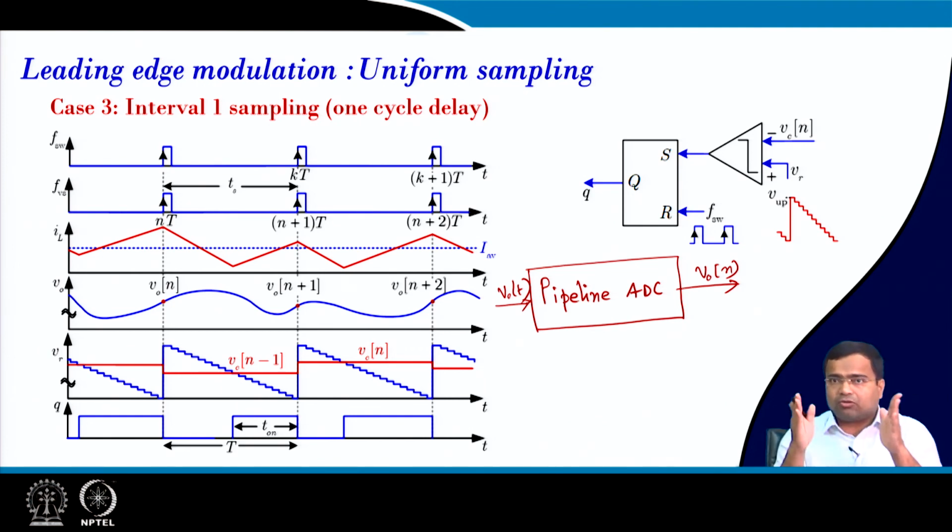If you use a slower clock, the delay can be increased. Even though the throughput is the same, the latency can be high if you use a slower clock for the sampling. But if you want to speed up the conversion rate, then you need to use a faster clock, and that may consume more power. So, you have to be careful about the sampling of the ADC.